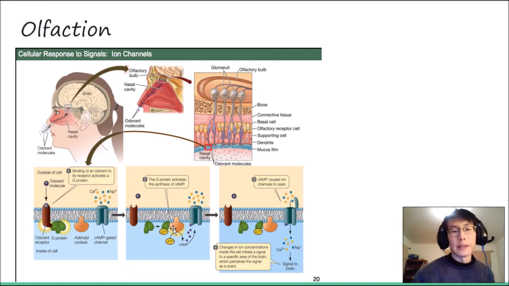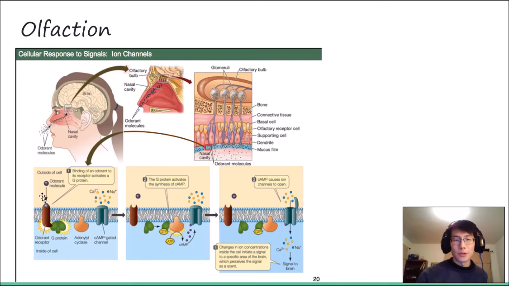The activation of adenylyl cyclase is going to convert ATP into cyclic AMP, which then binds to an ion channel, which causes the opening of the ion channel, and the opening of ion channels will allow for influxes of calcium and sodium, and that is going to send a signal to the brain.